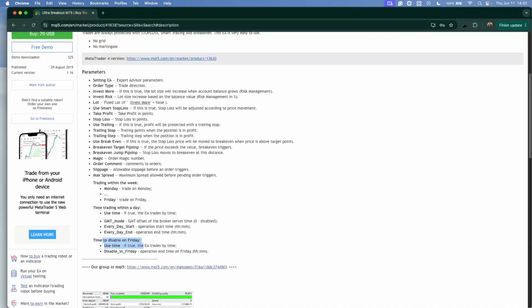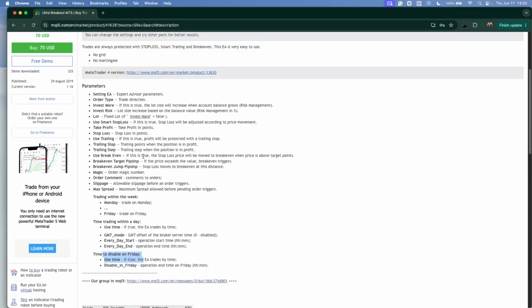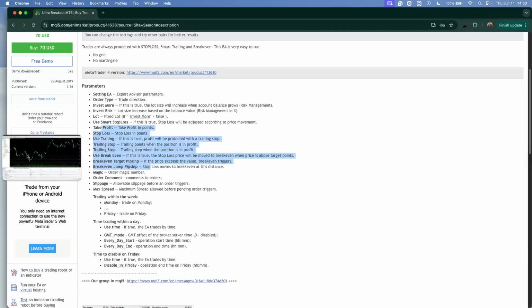The developer highlights the intelligent filtering and protective tools as what makes it stand out for consistent breakout trading on EURUSD. You know how breakout trading can be, so you need to have protective measures, and most of the things here in the settings are just protective measures for your account when trading with the expert advisor.